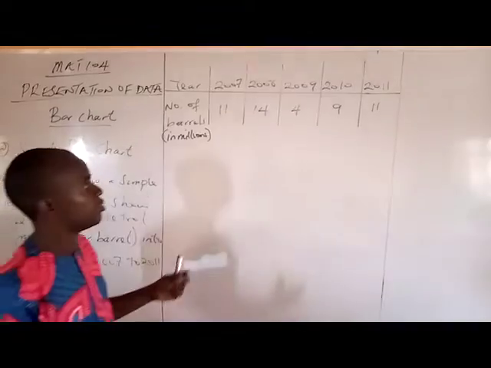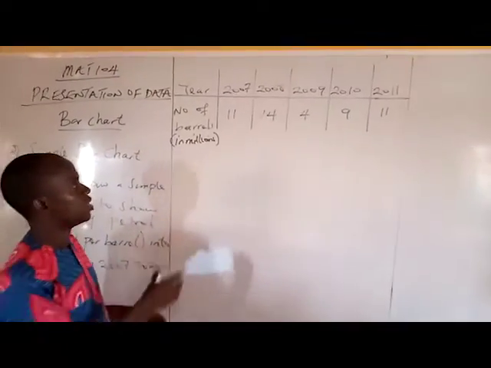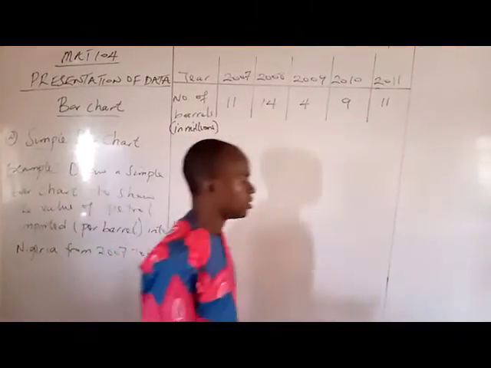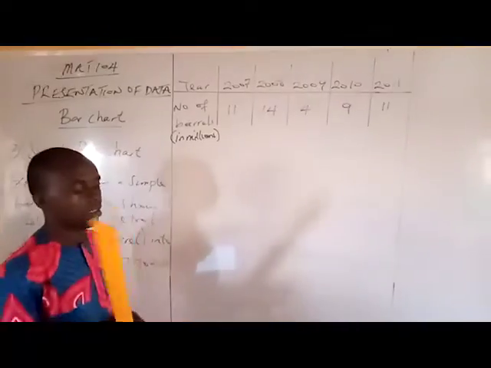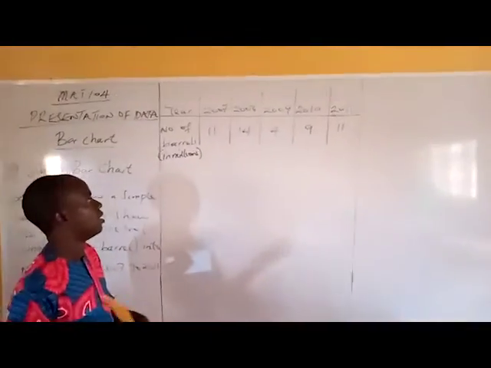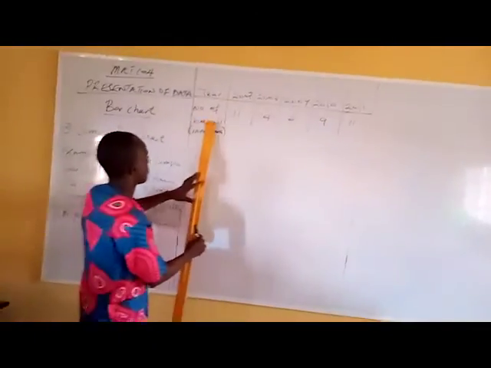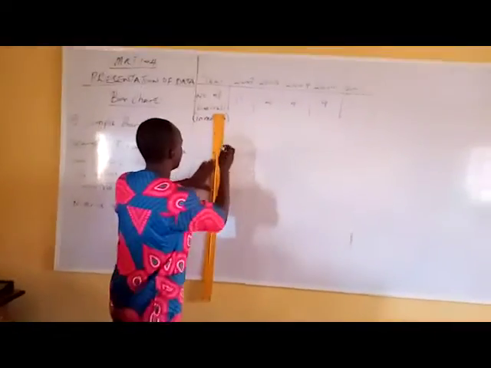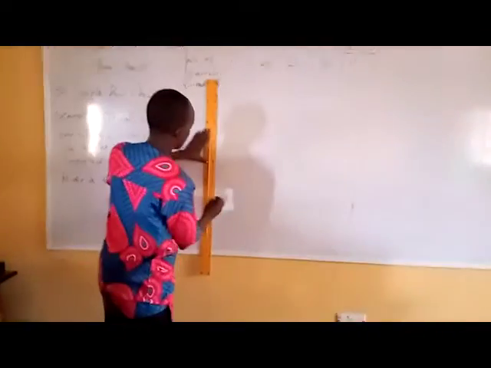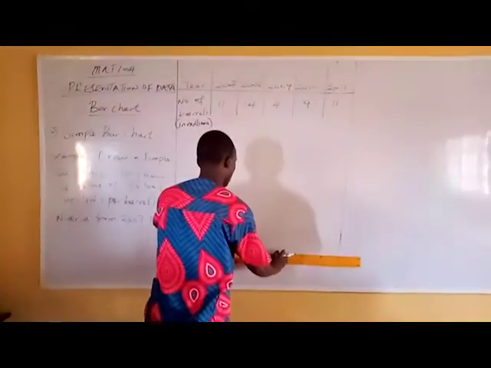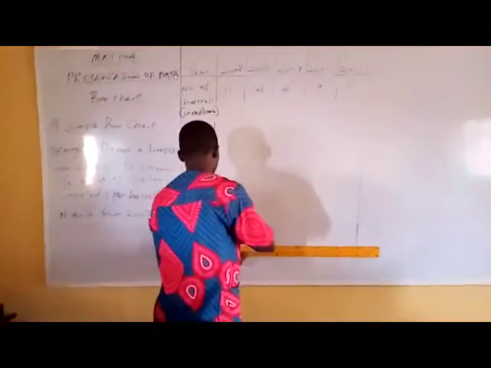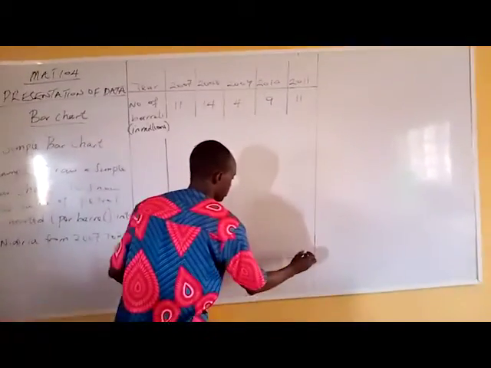So we want to draw the bar chart to represent these items. The first thing I will do here is to draw my axes, that is the vertical and the horizontal axis. The vertical axis, and I have the horizontal axis.